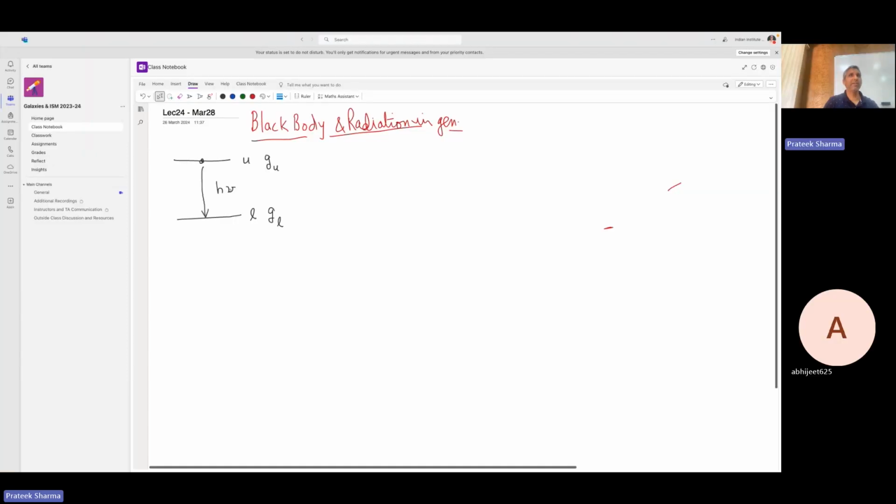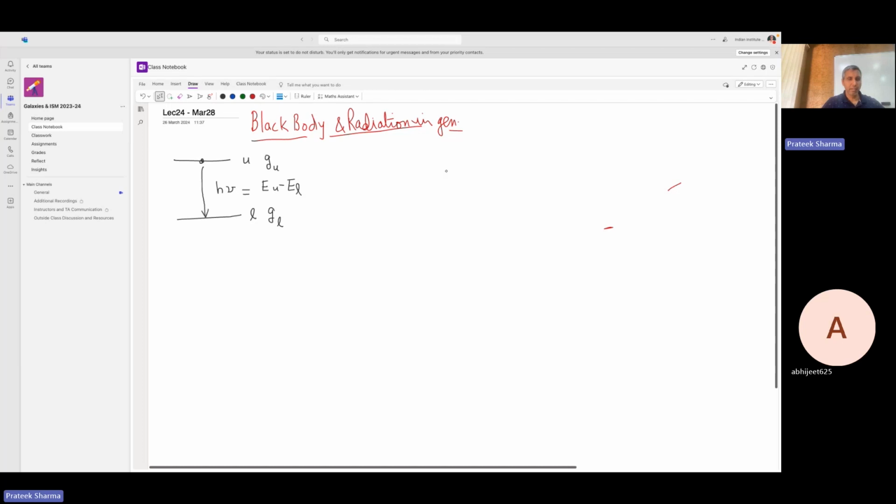If you have an electron in an upper state and it spontaneously decays to the lower state, it releases a photon of frequency nu, or energy E equals h nu. So the energy of the photon that comes out because of this radiative de-excitation of an electron is h nu equal to EU minus EL. Okay.